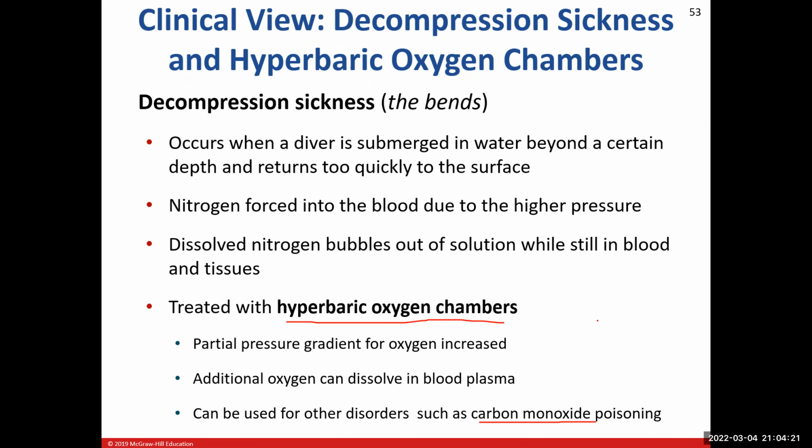That causes an issue because carbon monoxide poisoning is potentially fatal. If you put people with carbon monoxide poisoning in a hyperbaric oxygen chamber, what they're breathing in is oxygen. That oxygen will force the carbon monoxide off of the hemoglobin molecule, so oxygen can then bind to it again, and then you can exhale and get rid of that carbon monoxide.